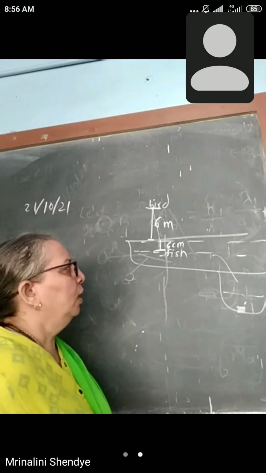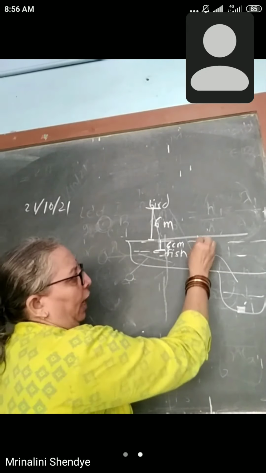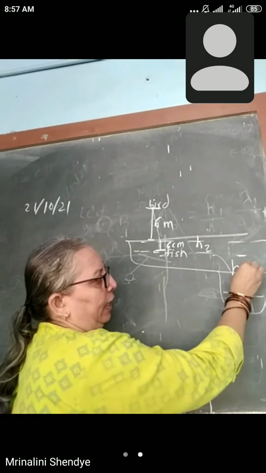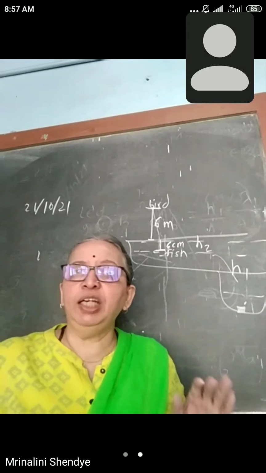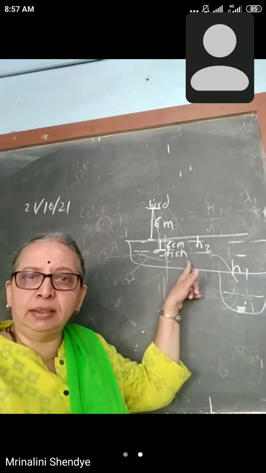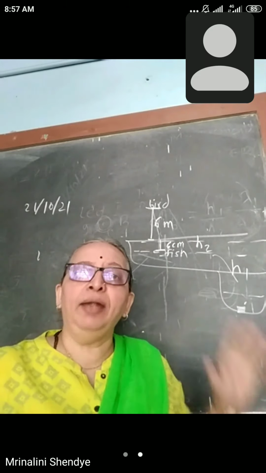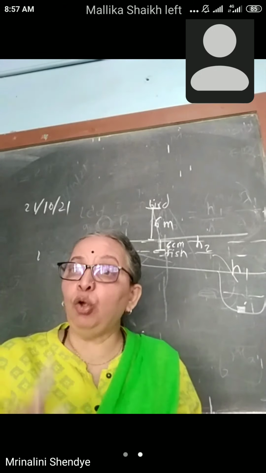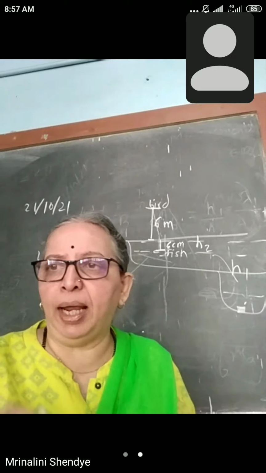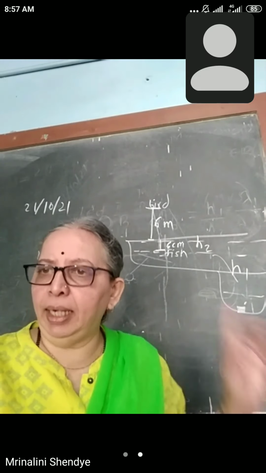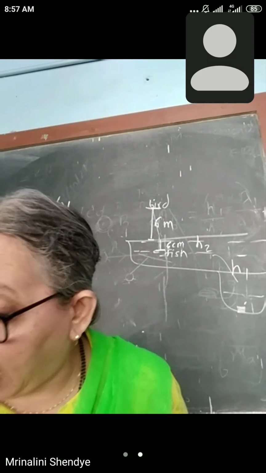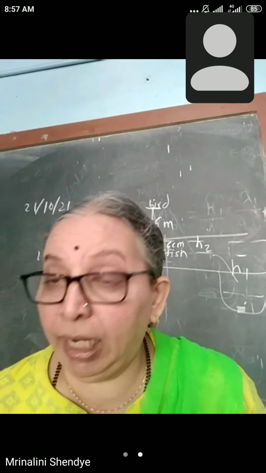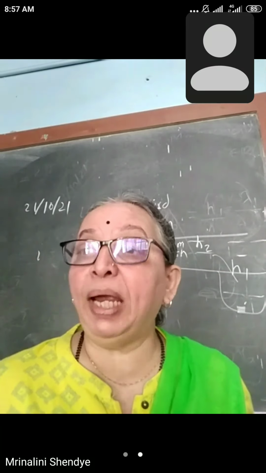So this 6 centimeter is H2, the apparent height, and you have to find the real height, the actual position: at what distance the fish should be, so that for the bird it will appear at 6 centimeter. So H2 is given and you have to calculate H1. Real depth upon apparent depth is n. Next it asks, how much deep should the crane immerse its beak to pick up the fish?